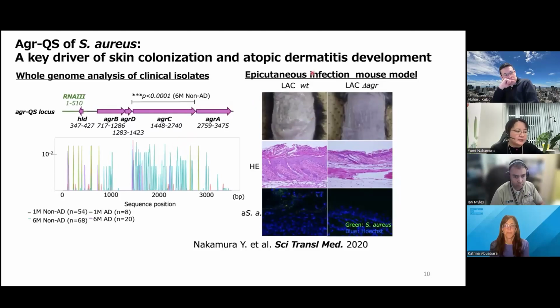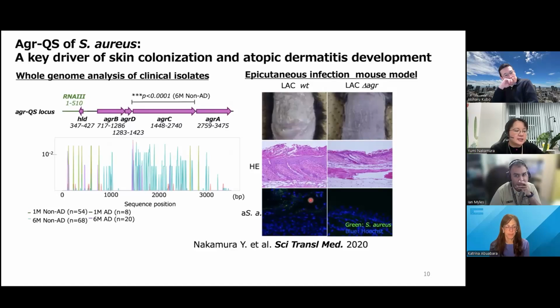The right panel shows the result of a mouse experiment conducted to confirm whether the loss of AGR quorum sensing function affects skin colonization. When wild-type Staph aureus was applied epicutaneously, severe dermatitis developed in mice like this, with the extensive green-stained bacterial presence in immunohistochemical staining.